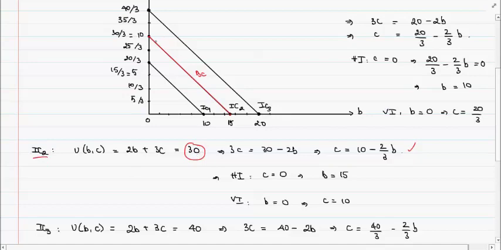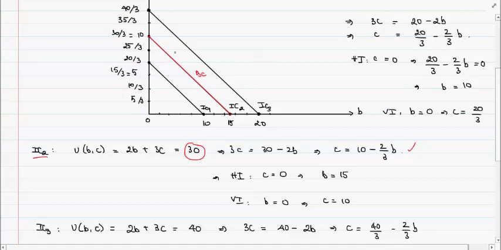So any point on the budget constraint gives the consumer exactly the same utility, and therefore all of them are optimal bundles, because they all have the same utility of 30.